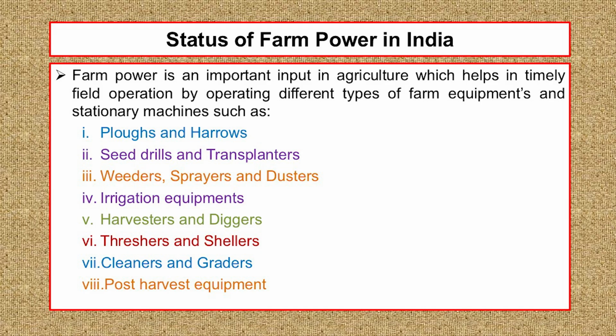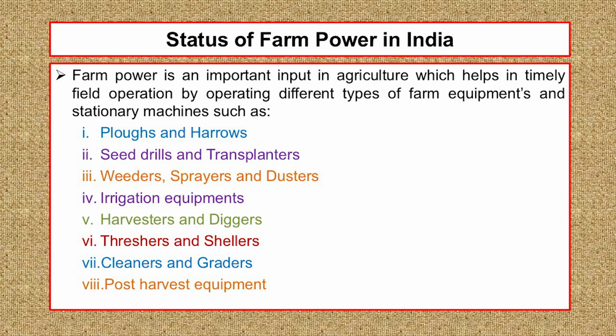Harvesters and diggers also need power to harvest the crop, or to harvest the tuber crops which are under the ground. Threshers and shellers also require power to remove the grains out of the panicles and cobs.